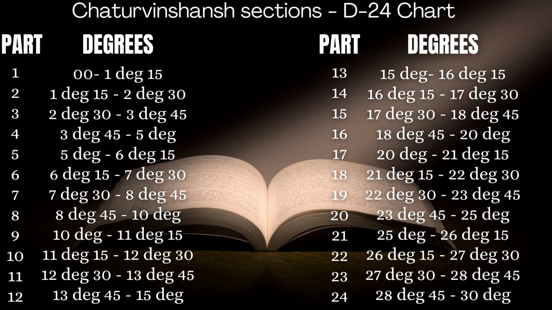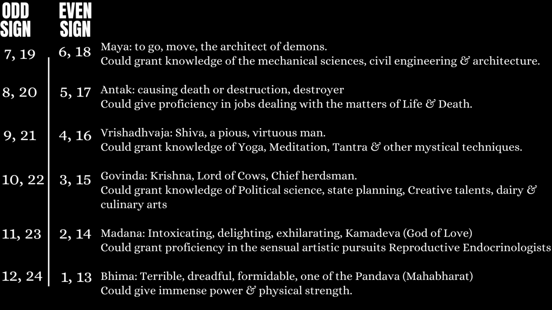So 12 degrees 6 minutes falls in the 10th section, from 11 degrees 15 minutes till 12 degrees 13 minutes. So I have to see the 10th part in an odd sign. If you see here, the 10th part in the odd sign falls in Govinda.